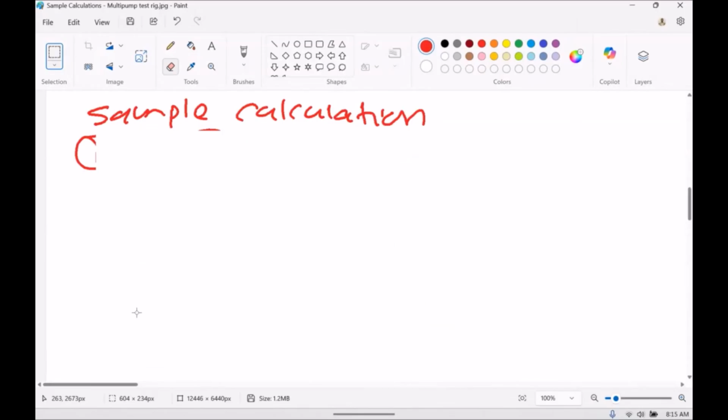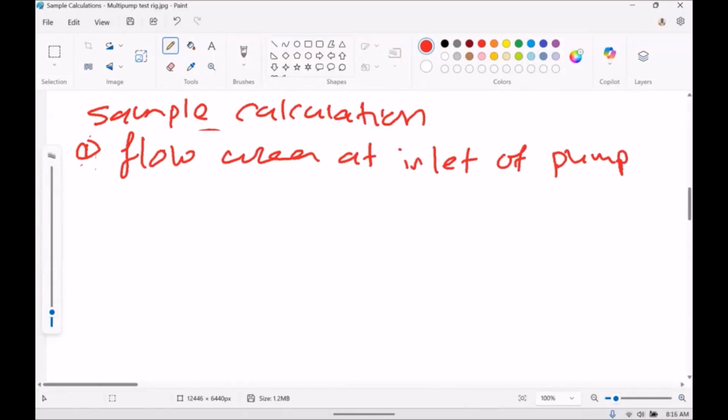Now in the sample calculation, the first step, as I told you in the flow chart, is to find velocity. For velocity, I need to find the area. The flow area at inlet is given by Ai is equal to pi by 4 di square.